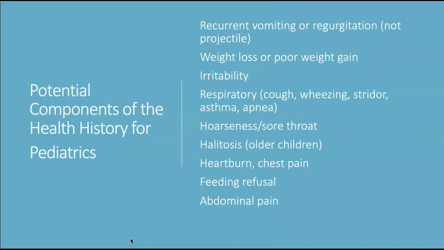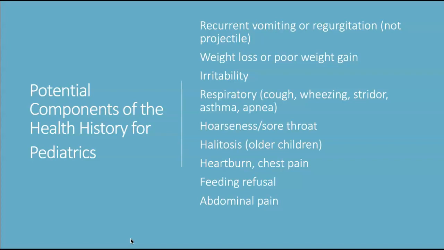Some potential components of the health history, again, for pediatrics, because remember, we have to talk to the parents, so we have to get that information from them versus the actual client. It's recurrent vomiting or regurgitation, but it is not projectile. They may have some weight loss or poor weight gain because they're not getting the nutrients like they should. Infants are often irritable because they're not getting enough nutrition.